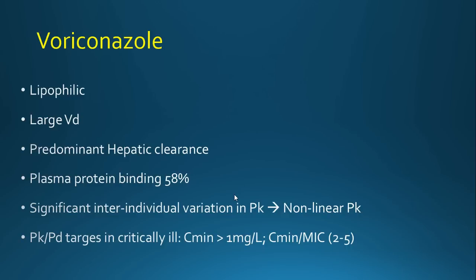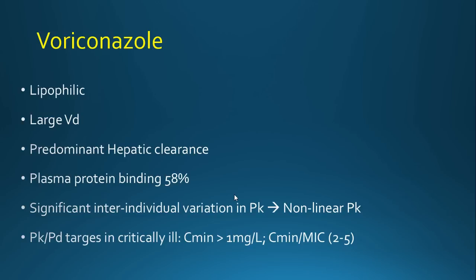Voriconazole I purposely selected because all of this applies to antifungals also, and we commonly use voriconazole. Voriconazole has a very unpredictable PK. If the patient really requires voriconazole and has a serious infection, then you must follow the therapeutic drug concentration of the patient.